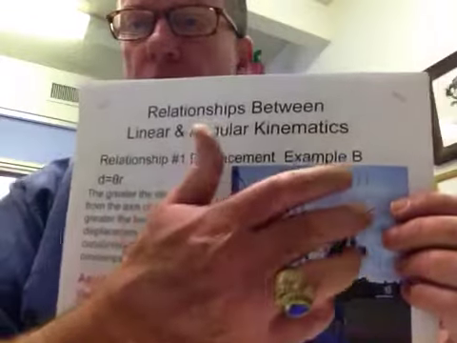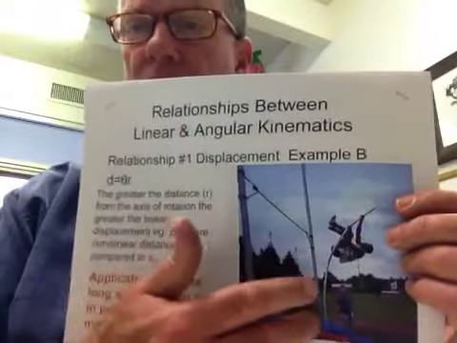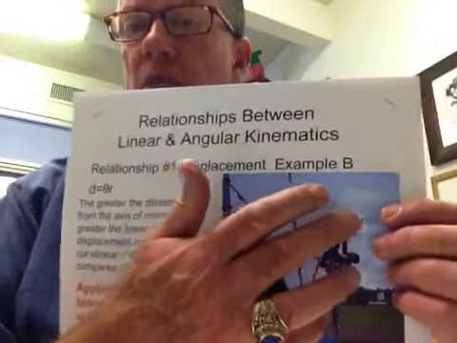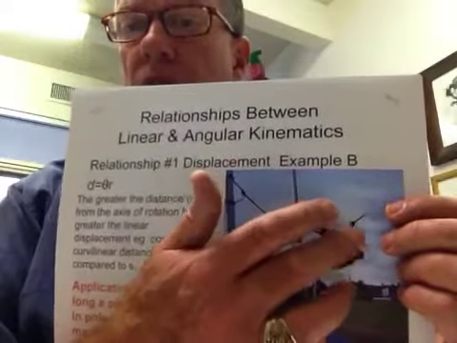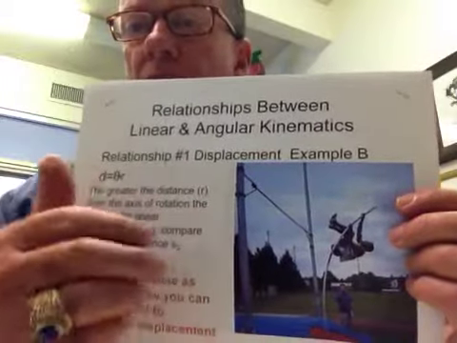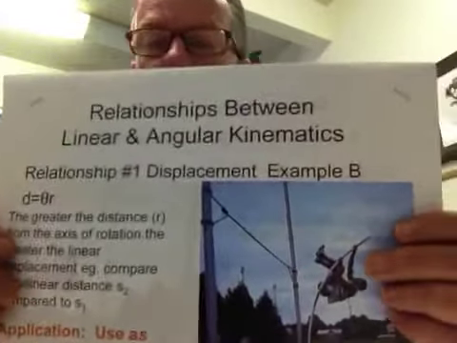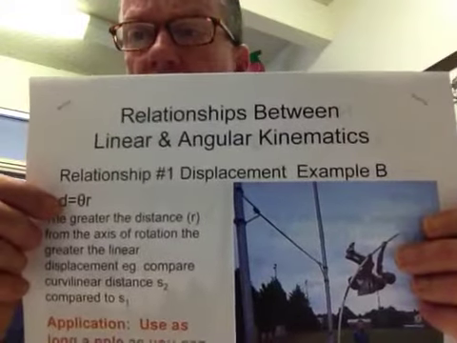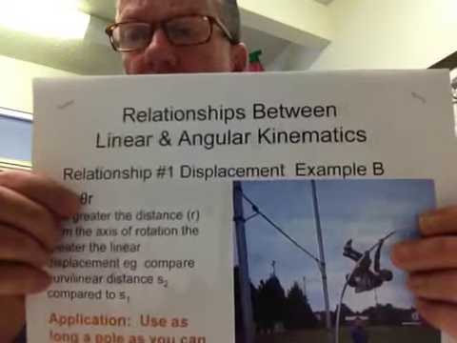Now there's lots more mechanical properties in this in terms of displacing the pole in such a way that it stores energy to catapult up and over, but that's not our point at this stage. Appreciate the fact that the interplay between linear and angular on displacement is, if you're operating within a certain angle, if you increase the radius, you'll have bigger displacement.